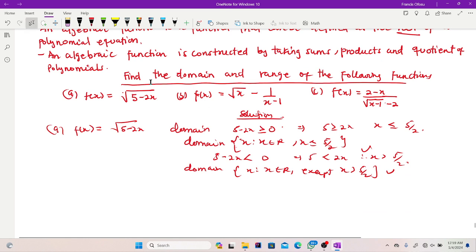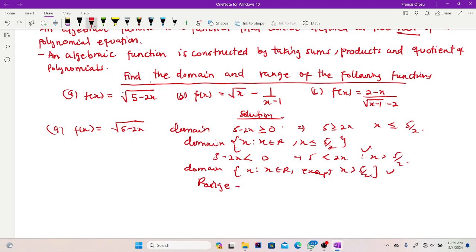Now what about the range? When you have a function like this, since the whole polynomial is under the square root sign, we can never get a negative output, right? Because in the real number system, you won't get a negative output from the square root.